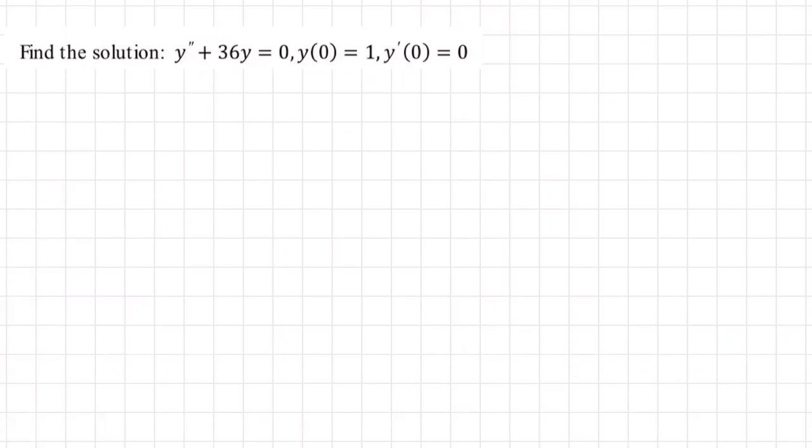And we're also given two initial conditions because even though we don't have the middle term, we still need two initial conditions because it is a second order. So let's find the characteristic equation.